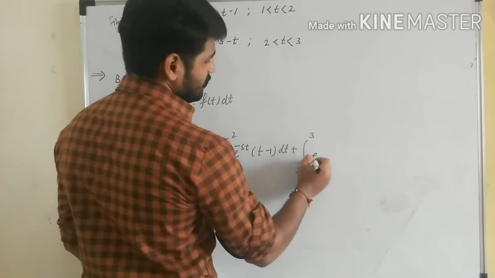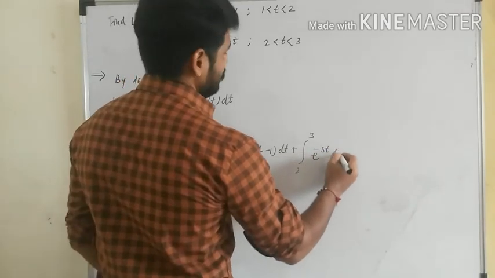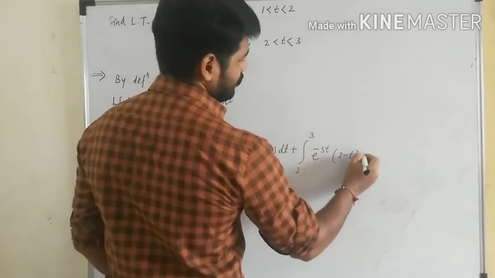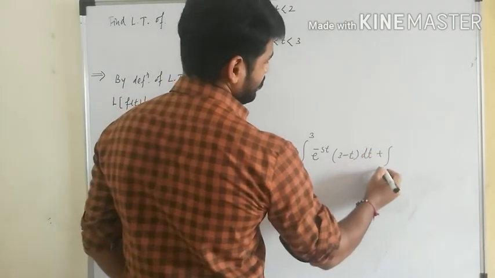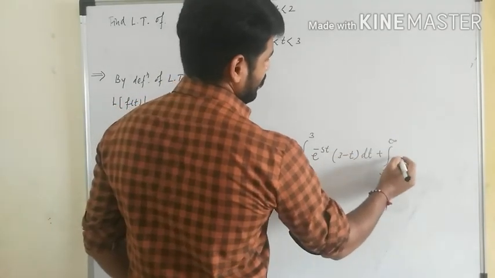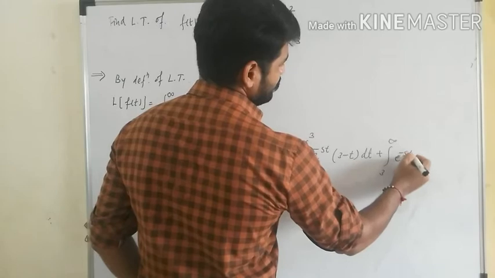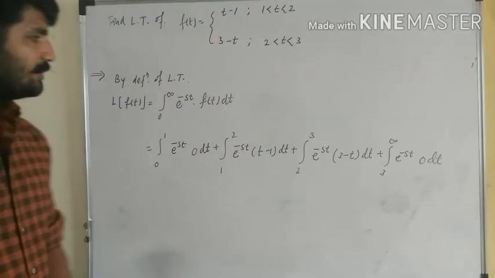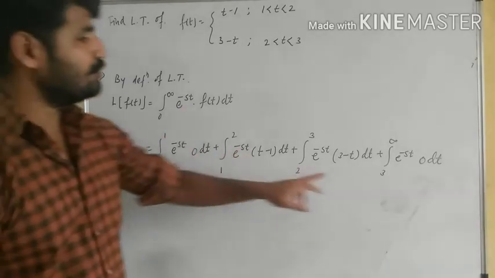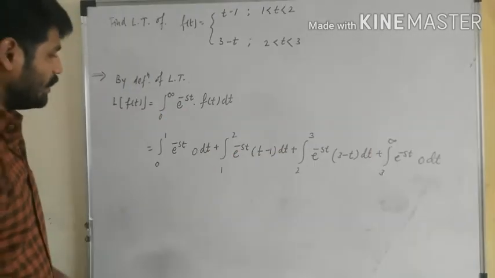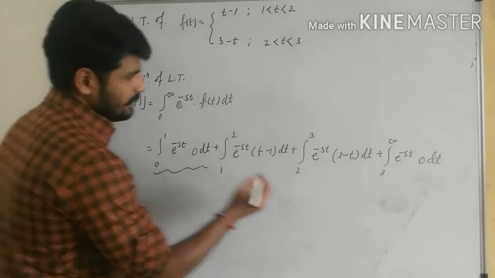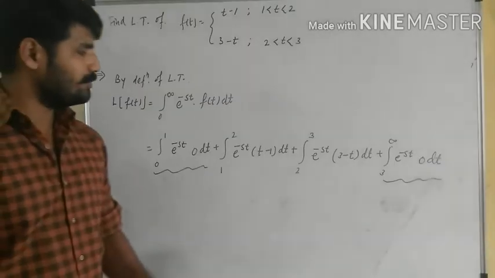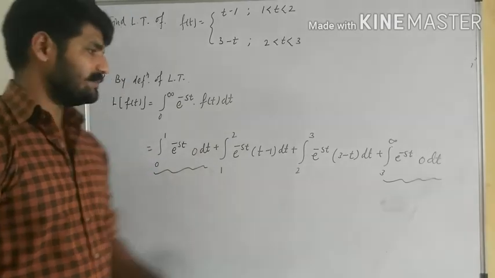In that interval the function is defined as 3 minus t dt, plus the next interval is 3 to infinity, and in that interval the function is not defined, so we can add 0 into dt. Okay, so totally we get integral from 0 to infinity. Now the first integral and the last integral give 0 values. Now we have to evaluate only these two integrals.